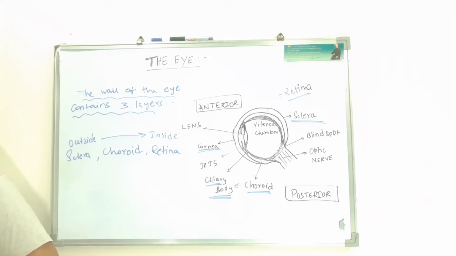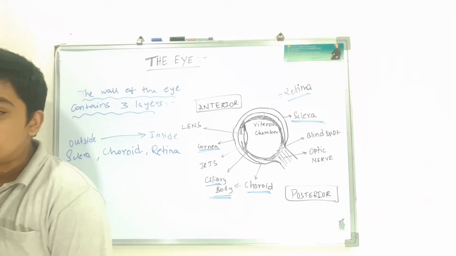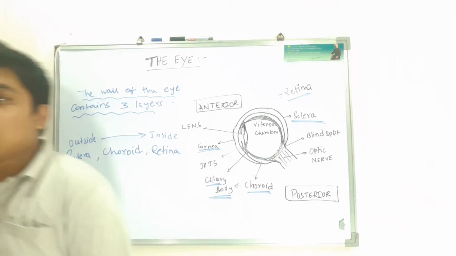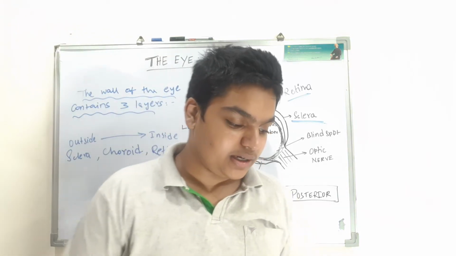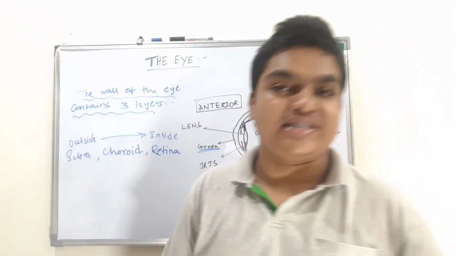Now we will be moving on to retina. We will be having most of the discussion on this topic on retina itself, how this retina makes the images, how it senses the images.